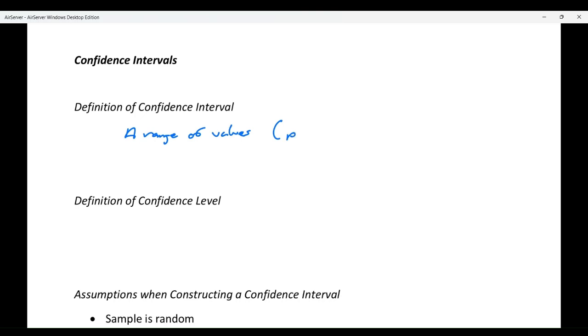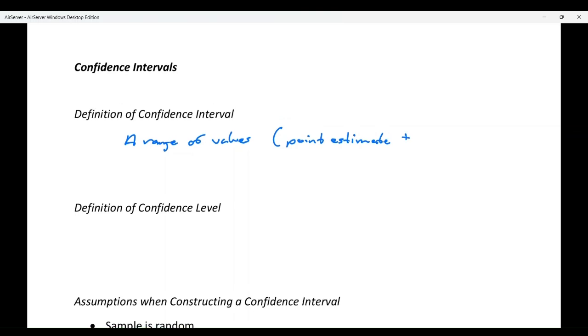It's taking what's called a point estimate. A point estimate is usually some kind of average or value that you've analyzed through your sample. And then we add and subtract the margin of error to that to come up with this range of values. So that is, in brief, what a confidence interval is.